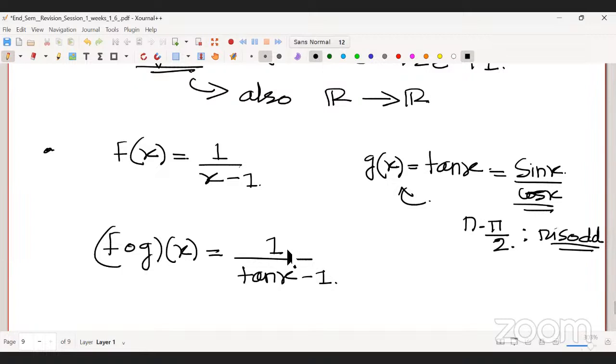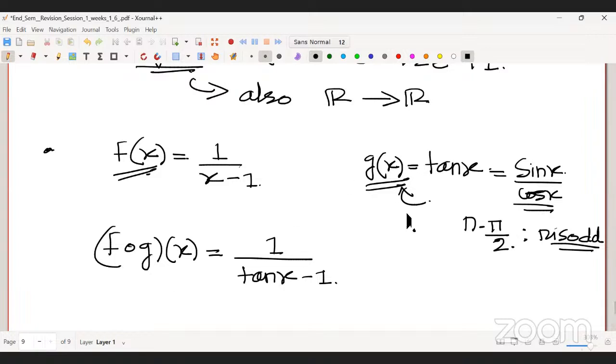In this composite function, to find the domain of this function, the first thing you need to do is remove all the points which are not in the domain of g of x, as well as those which are not in the domain of f of x, right?